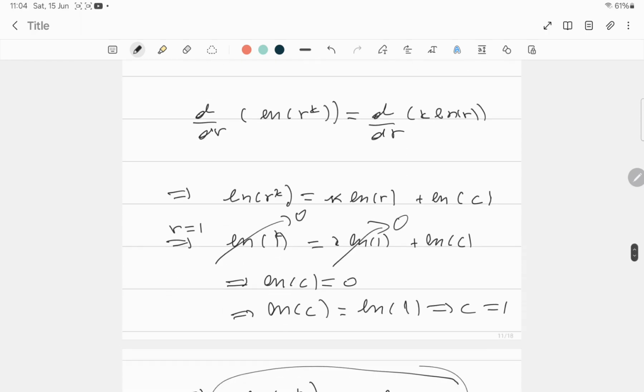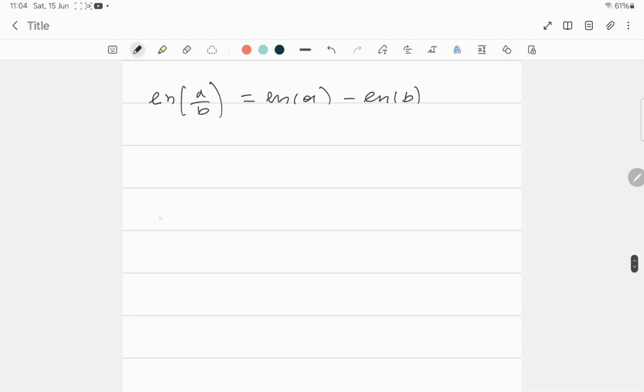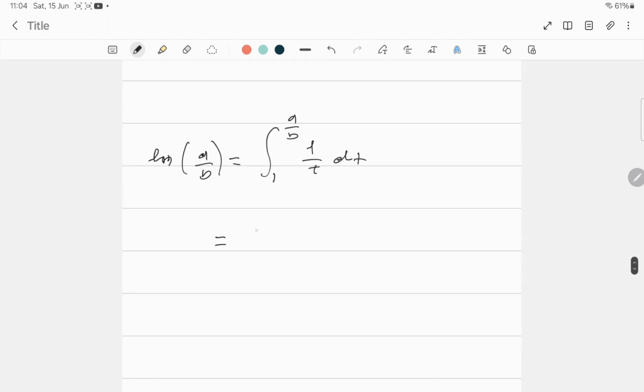Alright? So, natural logarithm of the ratio a over b is the integral from 1 to a over b of 1 over t dt. I can split it like that.